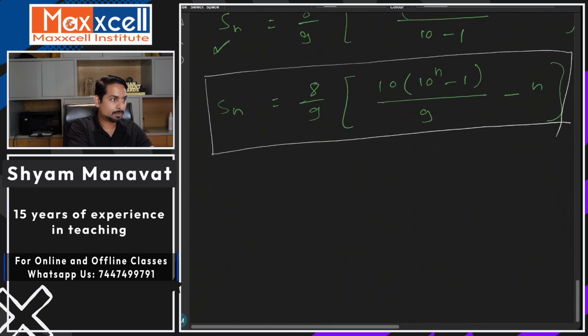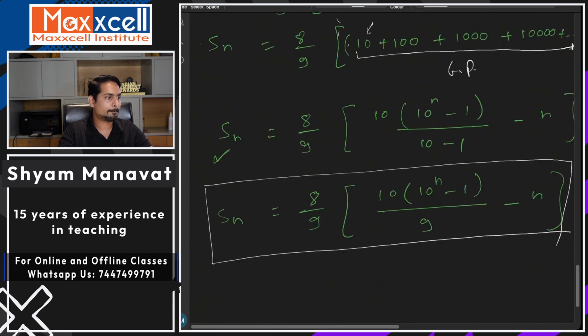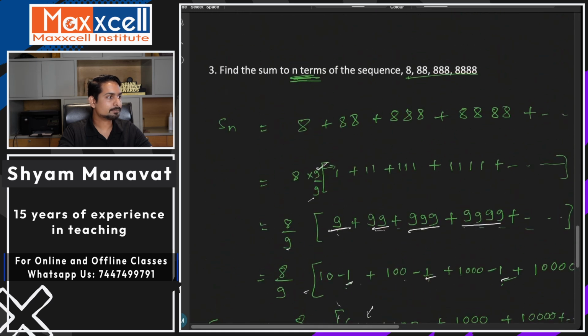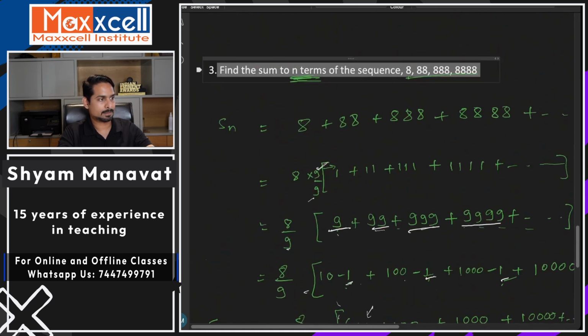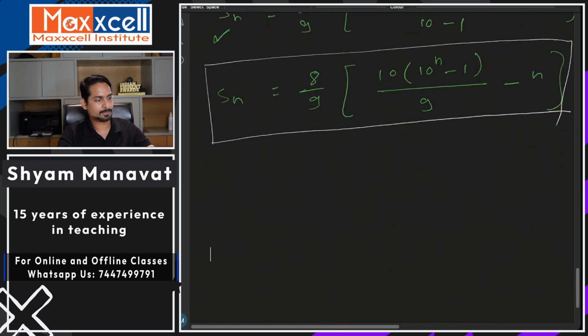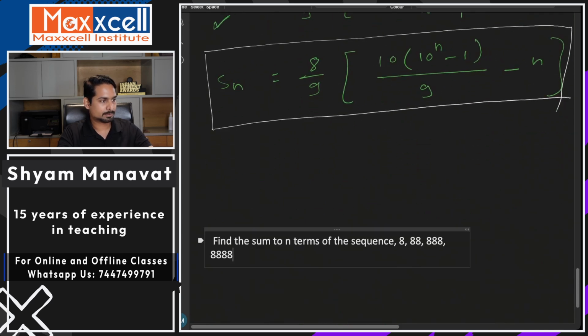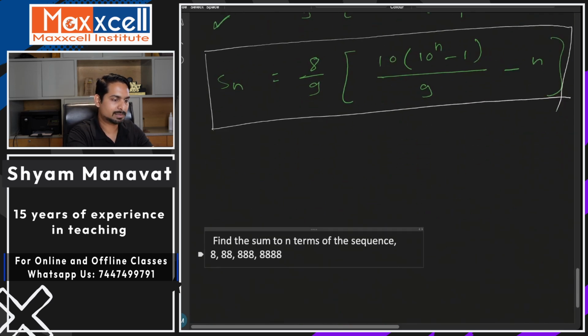Okay, so what I want you to do is the same question, and this time you do it for, let's say, 3. So the sequence is 3, 33, then 333, and then 3333.